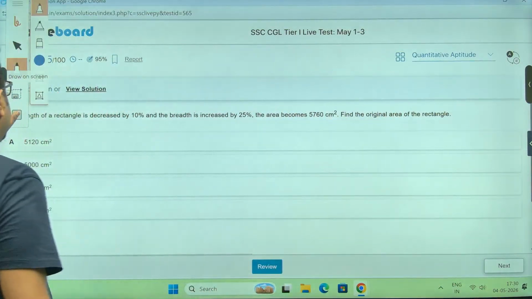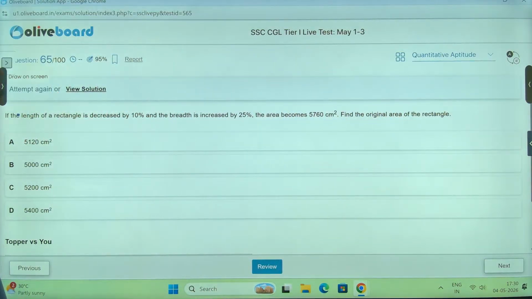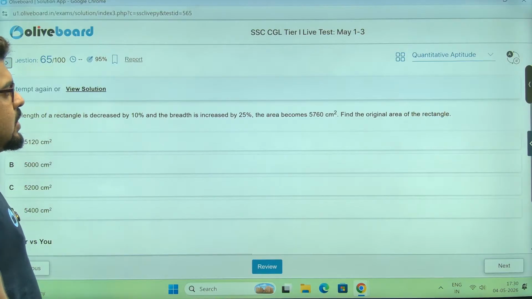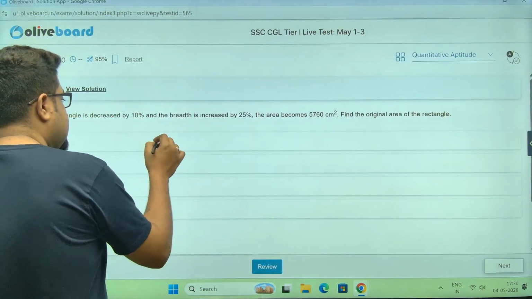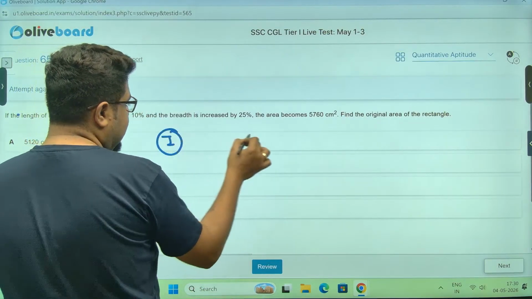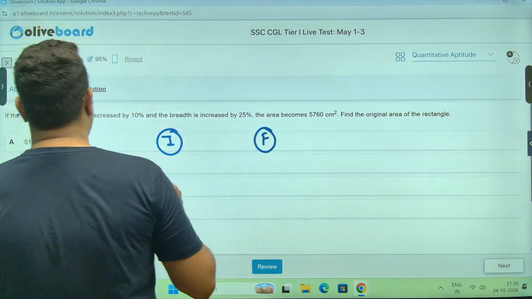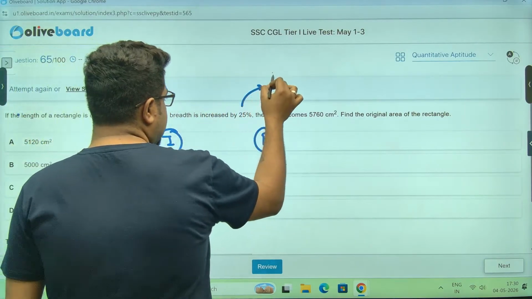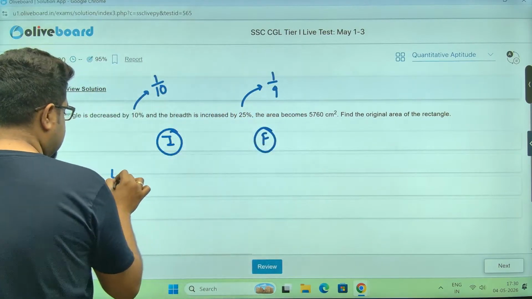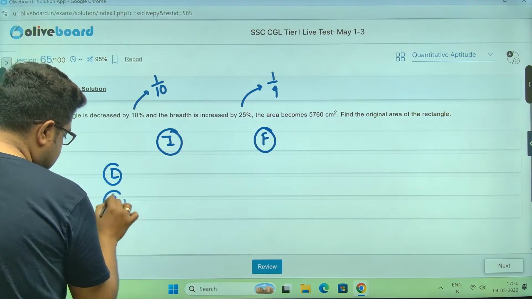Now, length decreased by 10, breadth increased, area this. So find the previous area, original area. Sir, initial, final. Correct? This is 1 by 10. This is 1 by 4. Length, breadth, area.